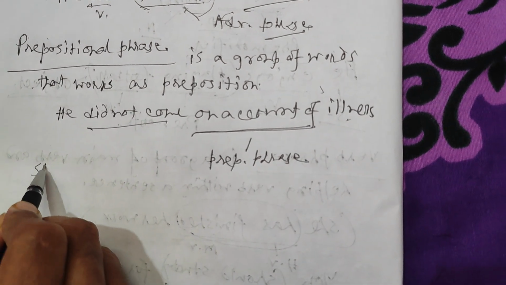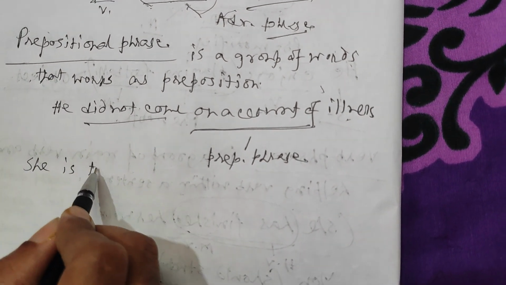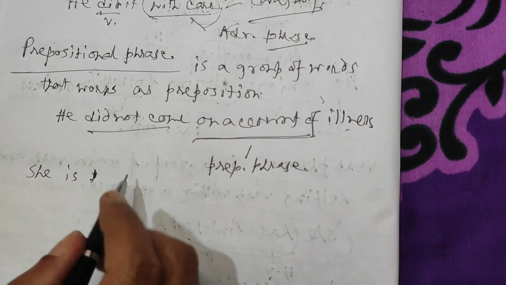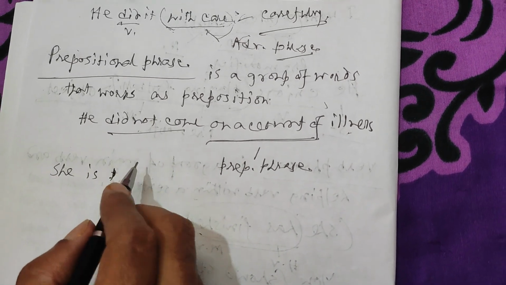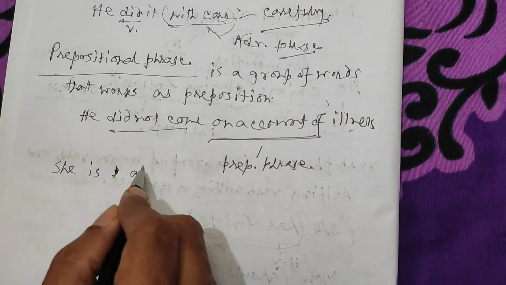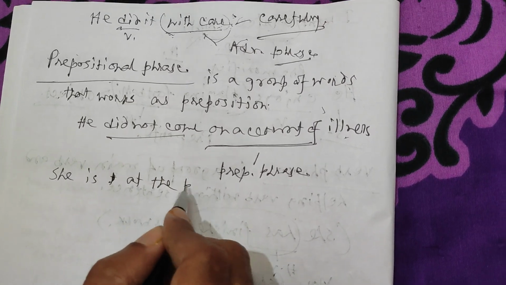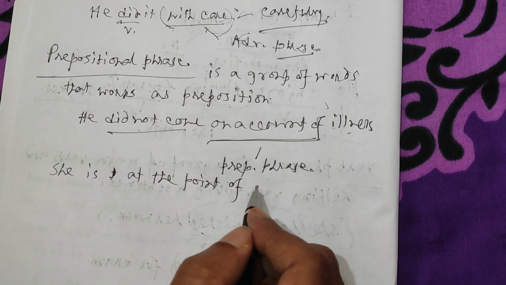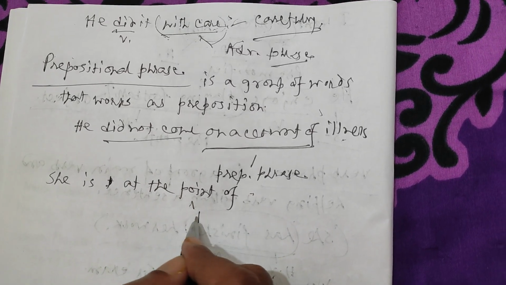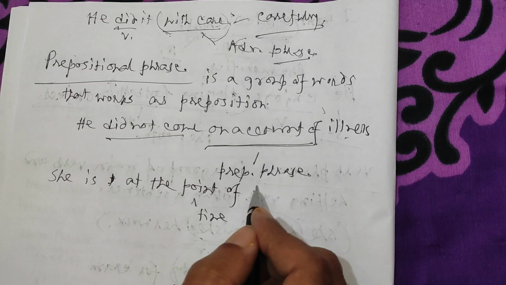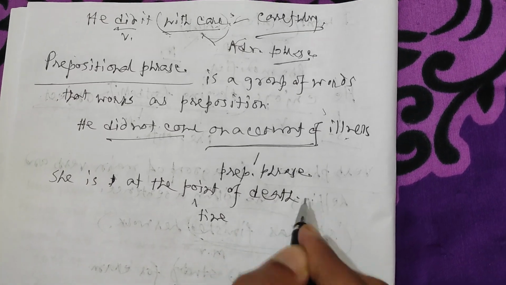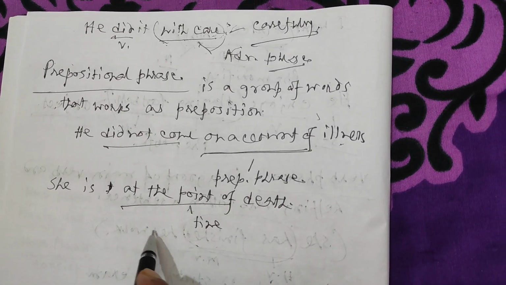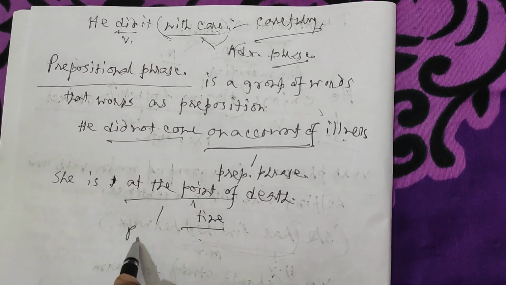She is at the point of, or at the time of death. Here at the point of or at the time of is a prepositional phrase.